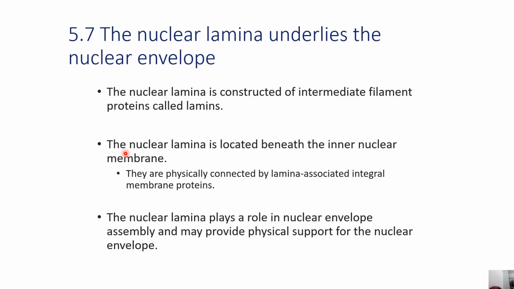Now, the nuclear lamina underlies the nuclear envelope. The nuclear lamina is constructed of intermediate filament proteins called lamins. The nuclear lamina is located beneath the inner nuclear membrane, and they are physically connected by lamina-associated integral membrane proteins. The nuclear lamina plays a critical role in nuclear envelope assembly, and it may provide physical support for the nuclear envelope.